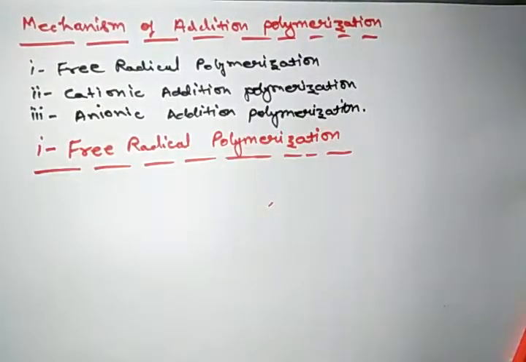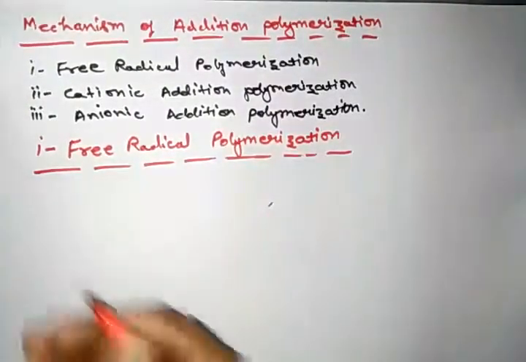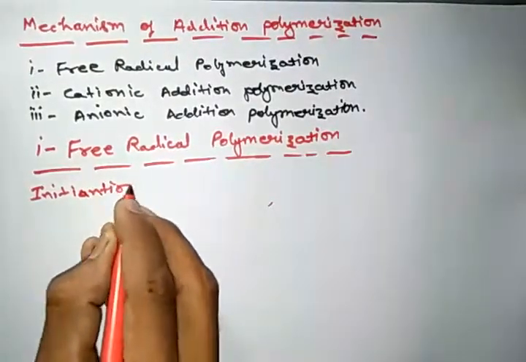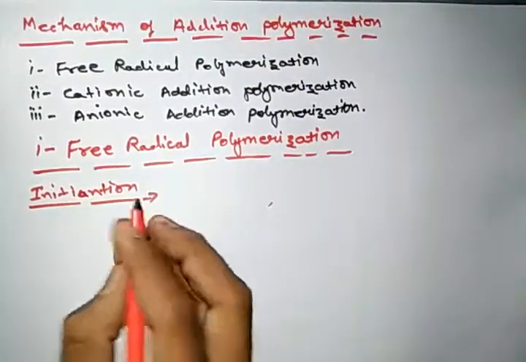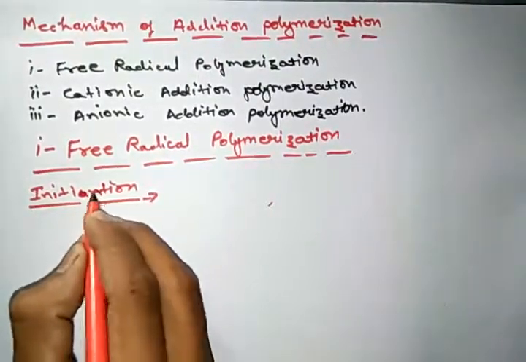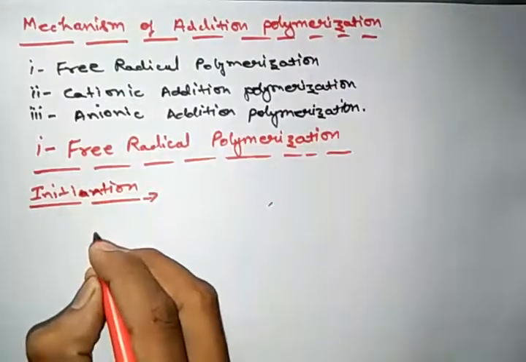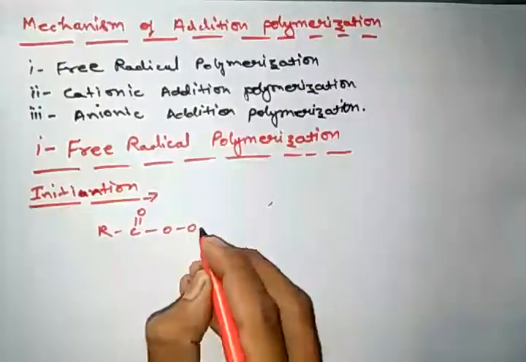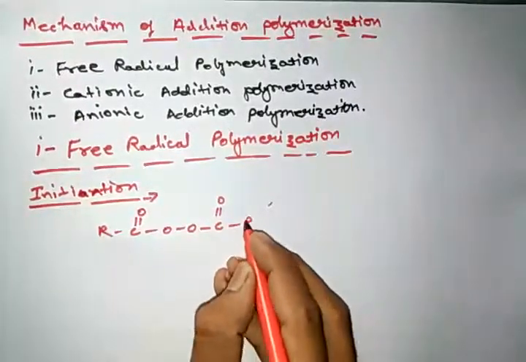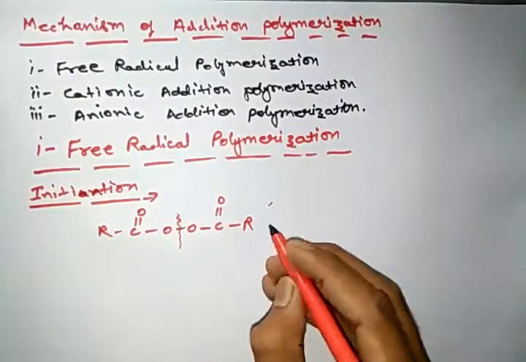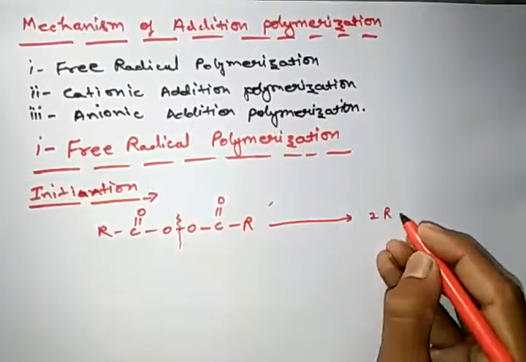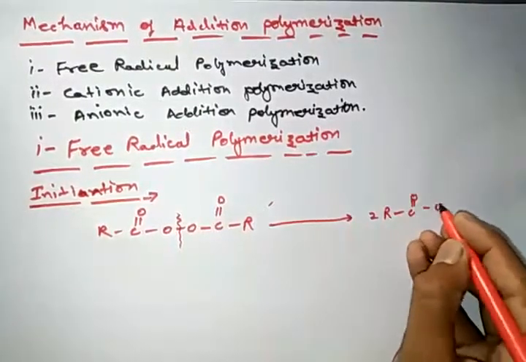So in the initiation step, in the peroxide, homolytic bond fission takes place, and finally a radical is obtained.